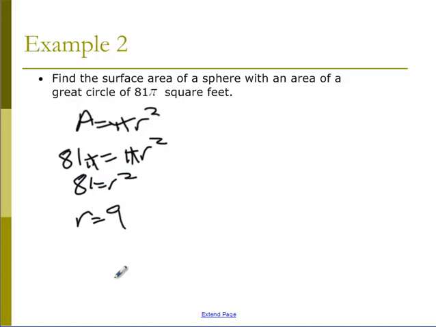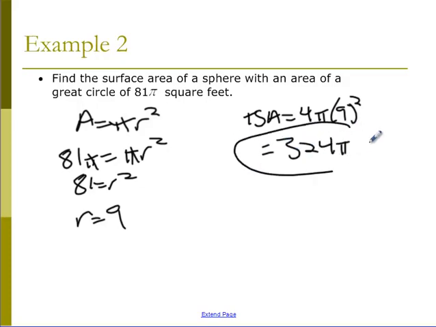R is 9. Now that r is 9, if the radius of the great circle is 9, the radius of the sphere is 9. So my total surface area is 4 pi 9 squared. 9 squared is 81. Multiplied by 4, I get 324 pi.